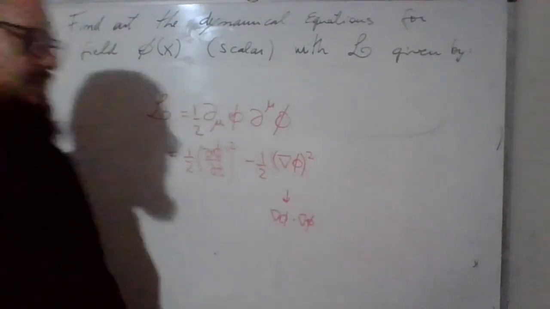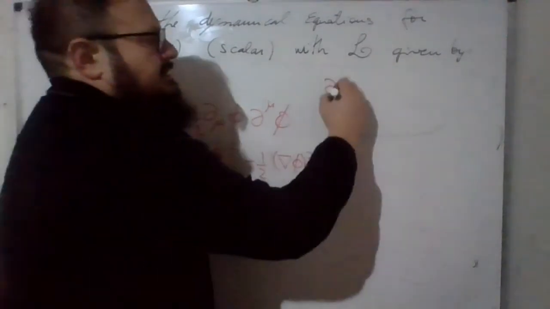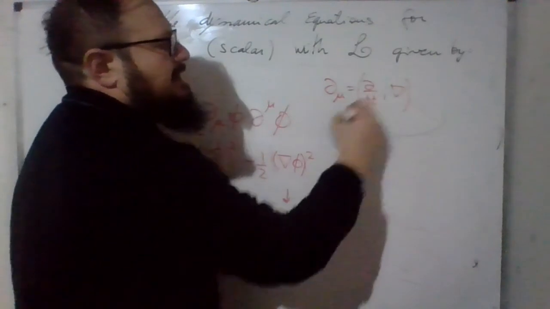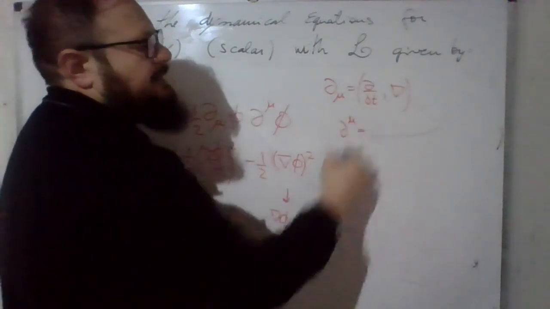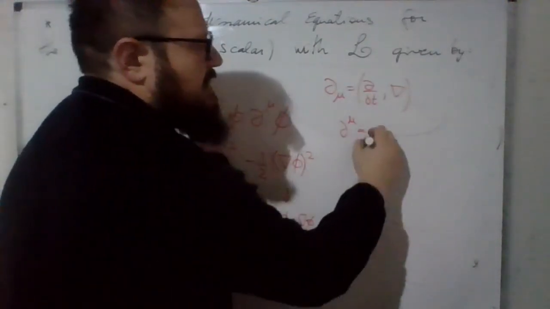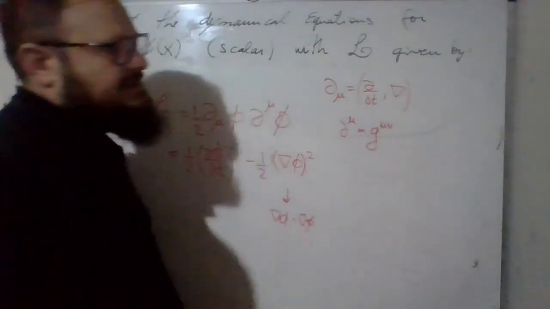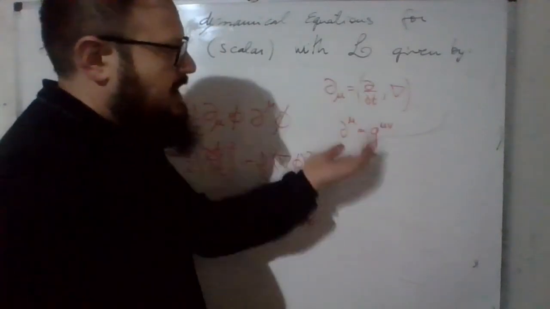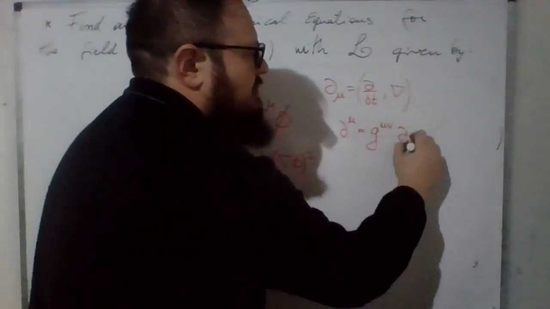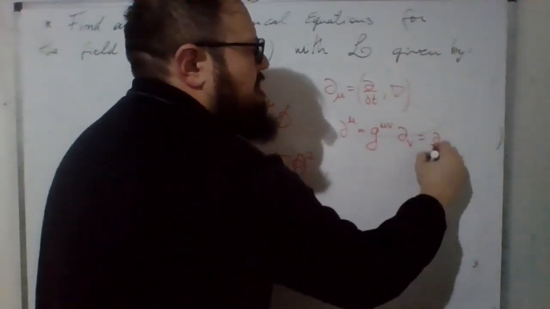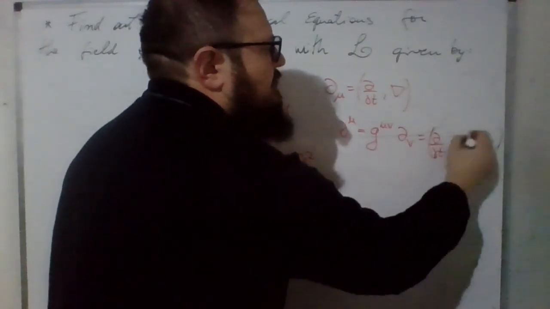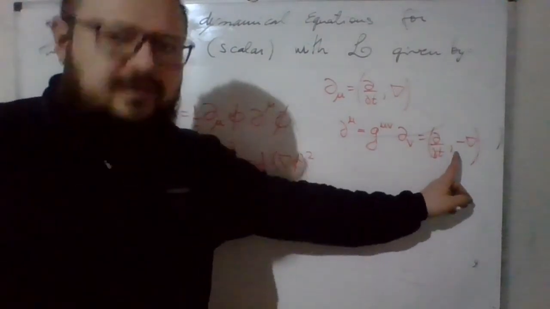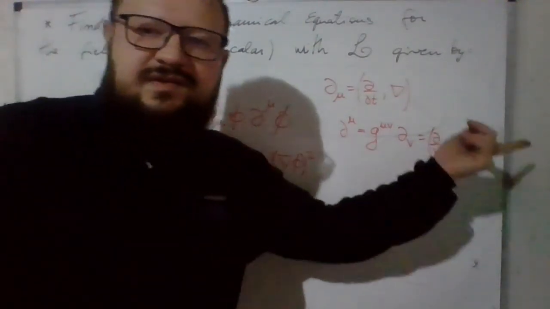Okay, so d mu corresponds to time derivative and the gradient, and the upper index you need to change by using the metric tensor to raise this index, the mu, and it corresponds to time derivative minus the gradient. Okay, the time component is d/dt, but the space components reverse sign.